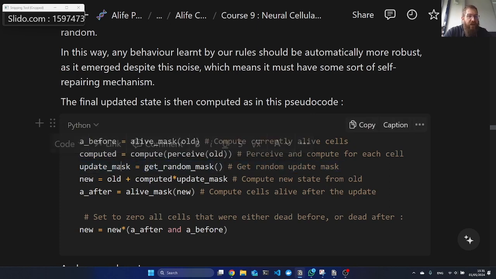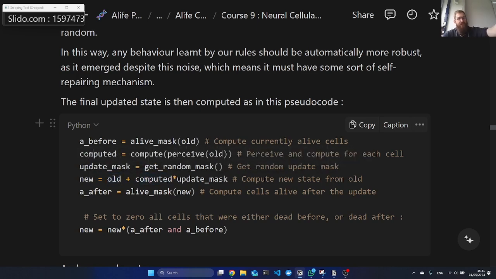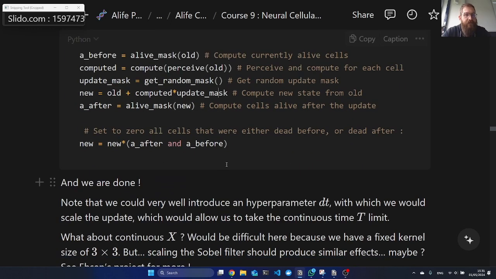Then we draw at random which particle will update and which will not. This is an update mask that tells us if a particle updates this step or not. The new state of each particle will simply be the old state plus the computed state multiplied by the update mask, such that only half of the particles actually update.